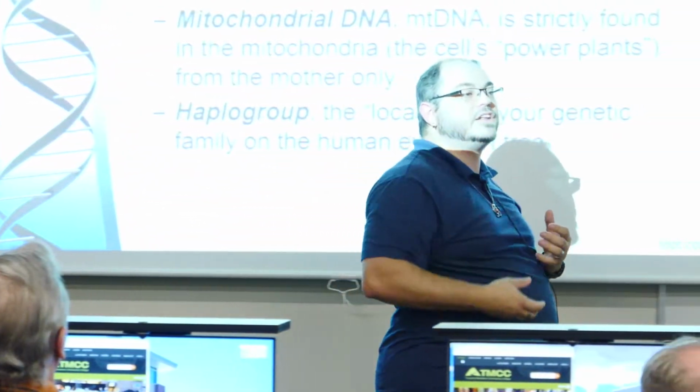And then haplogroup. The best way I can put the haplogroup in simple terms is this: if you were to take the entire human population on the planet and plot them against this giant heritage tree, your haplogroup would be like the village your family came from, which would be equivalent to a branch off of that tree.